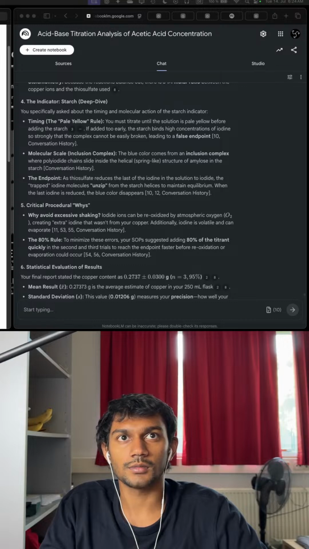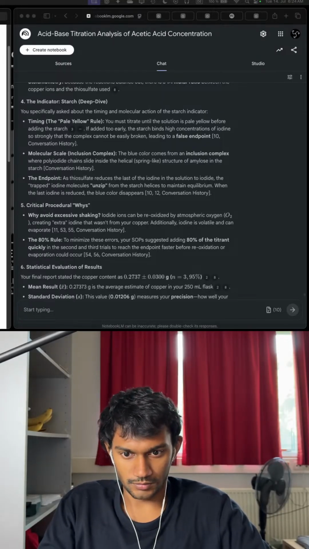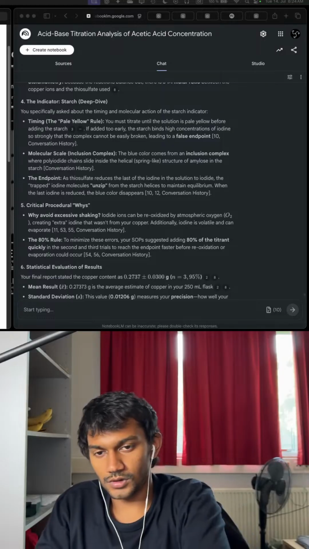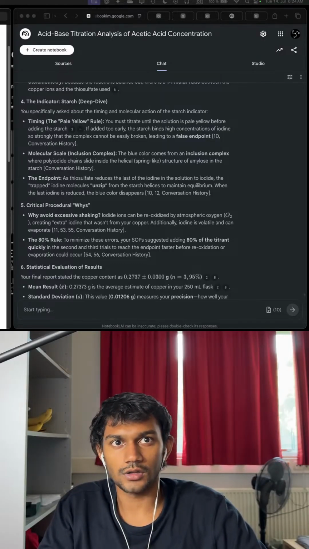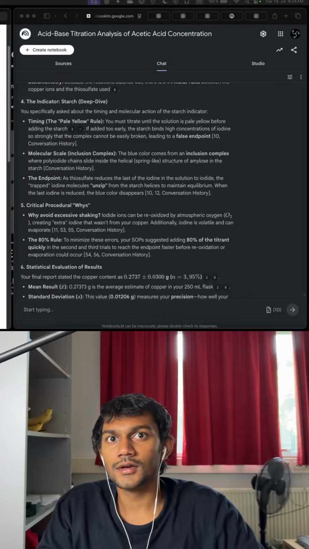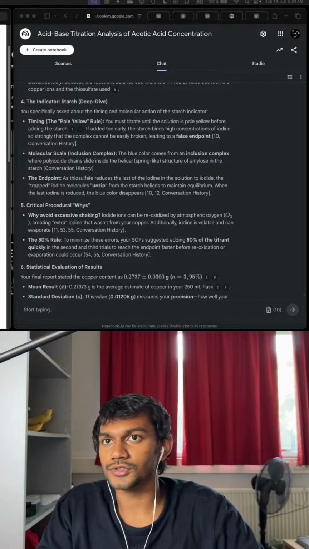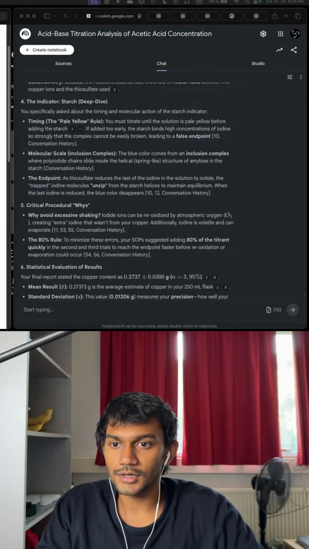So right after bismuth leaves the indicator complex, it just goes back to yellow. The protonated form of xylenol orange naturally appears yellow. Okay, whatever you say, bro.